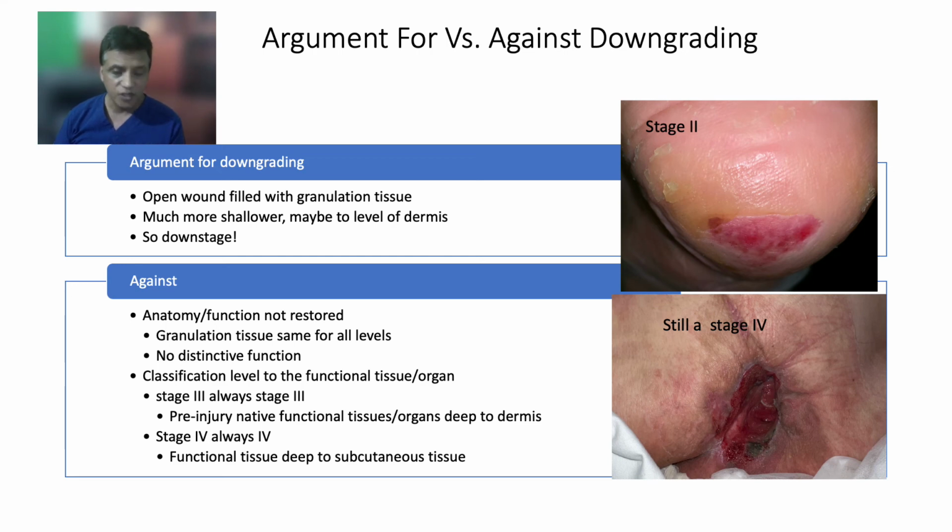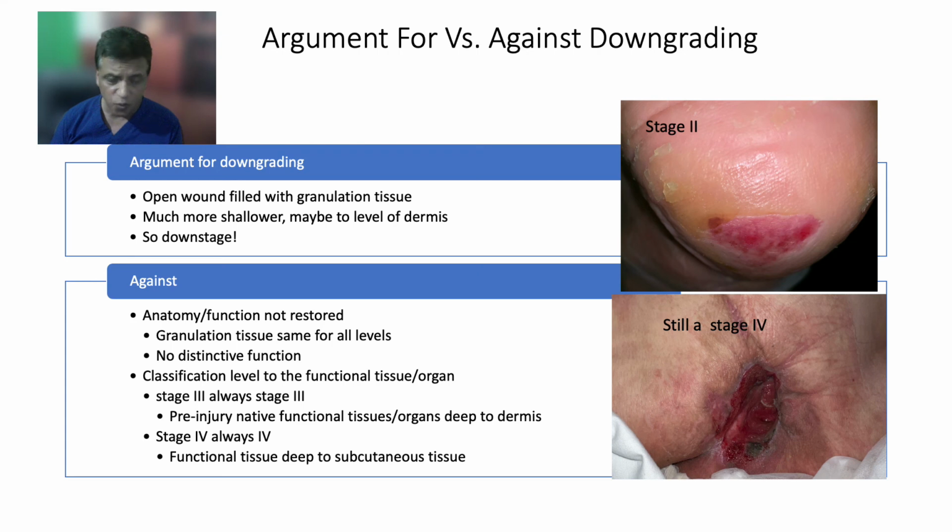We haven't regenerated the fatty layer, so we can't say it's equivalent to stage 3. The first functional pre-injury tissue on stage 4 will be below the fatty layer, and that functional tissue could be muscle, fascia, ligaments, but it has to be below the fatty layer.